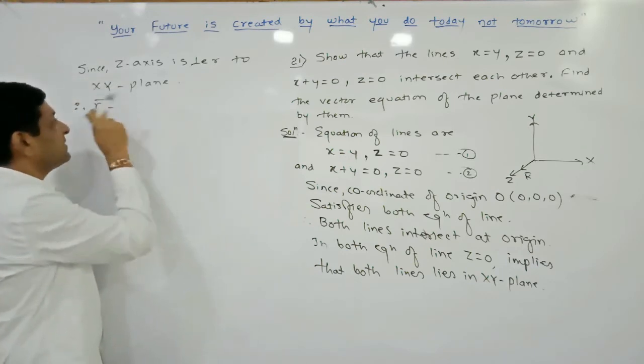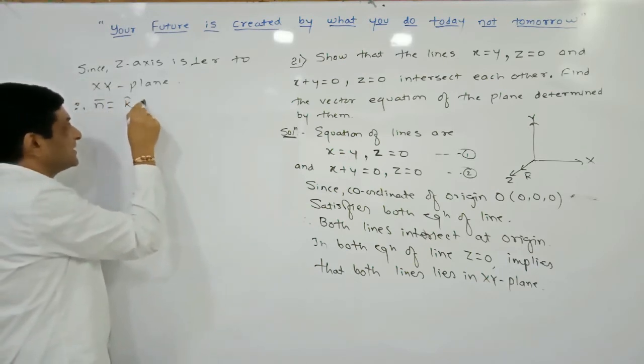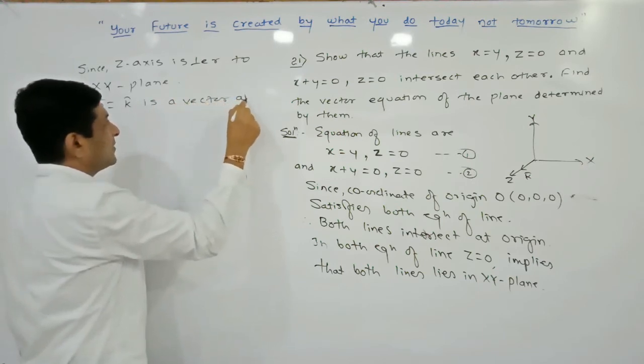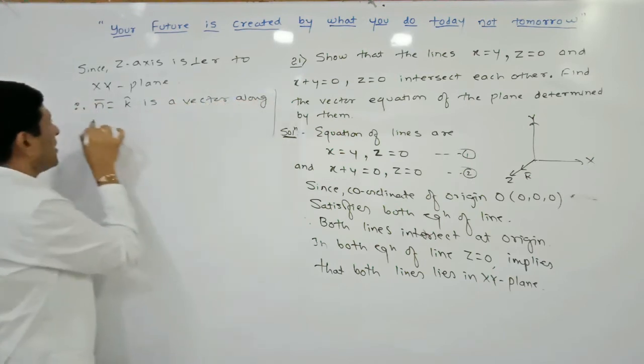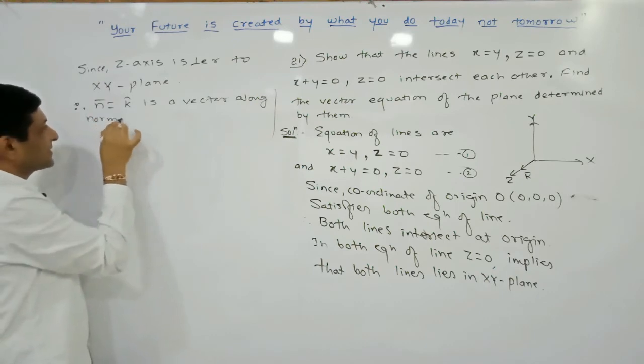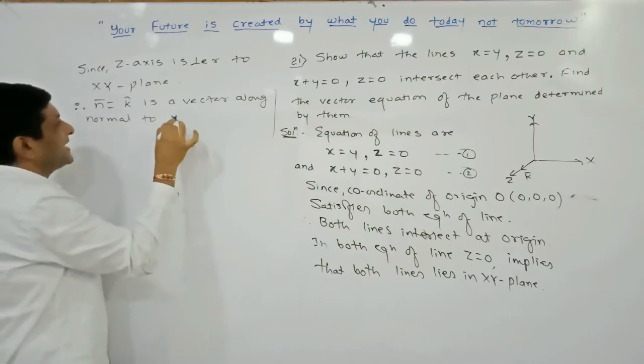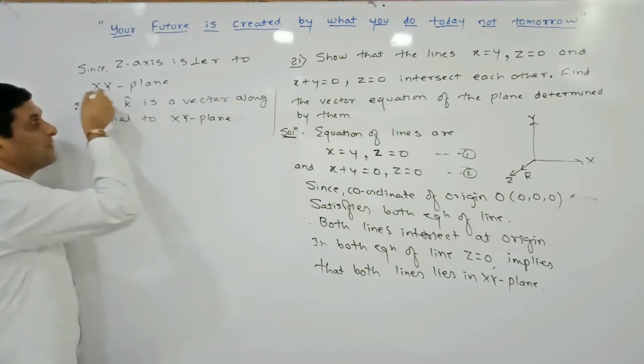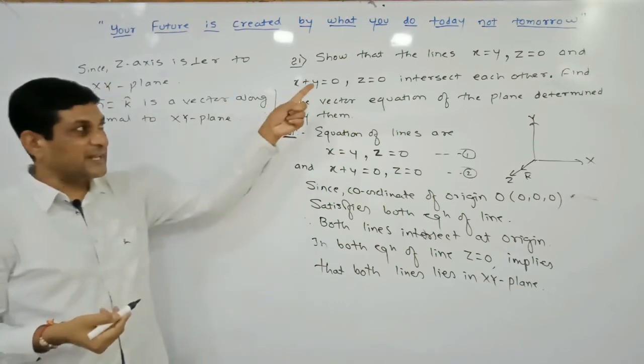Therefore n bar is equal to k cap, a vector along the normal to the XY plane.